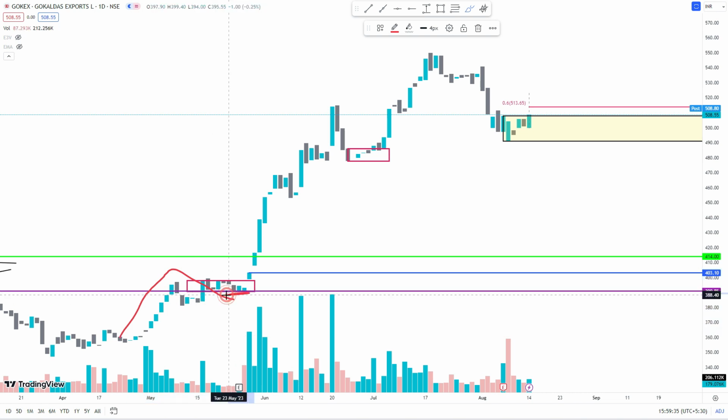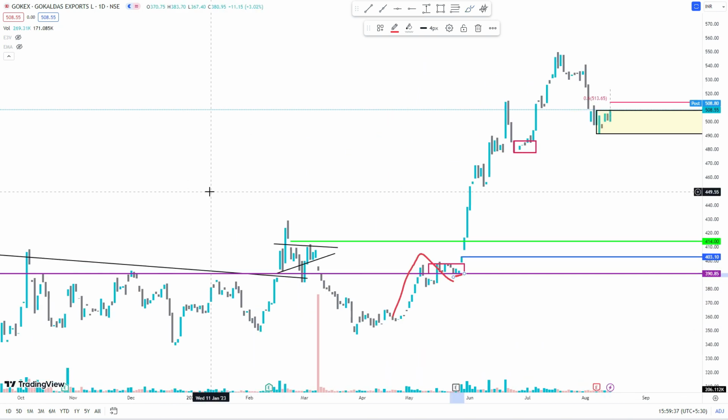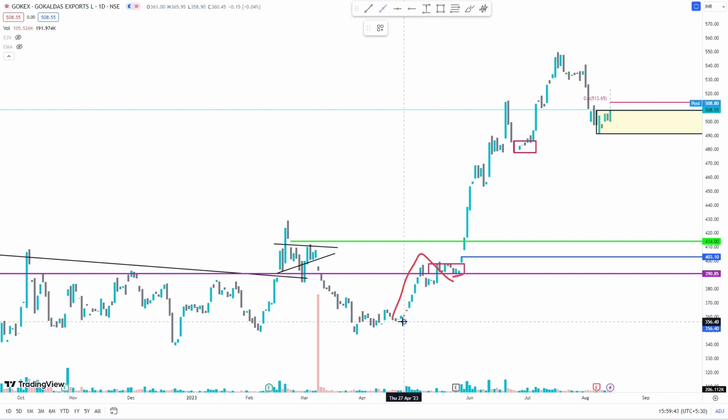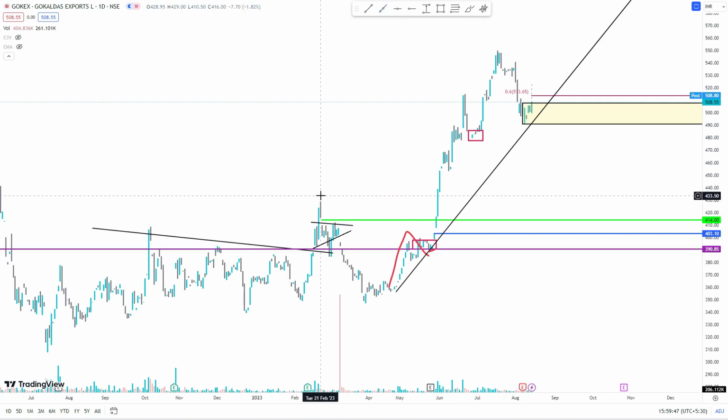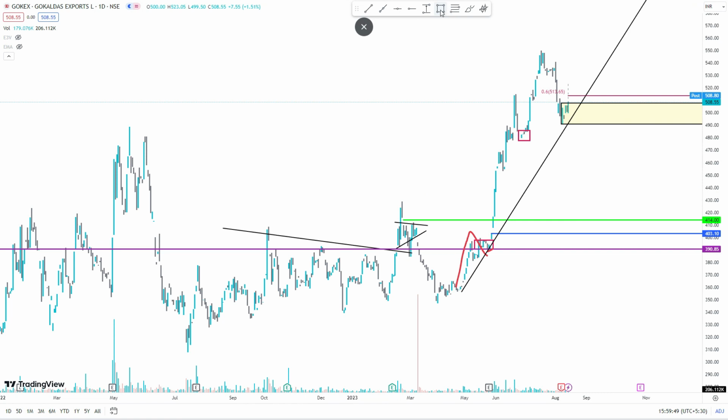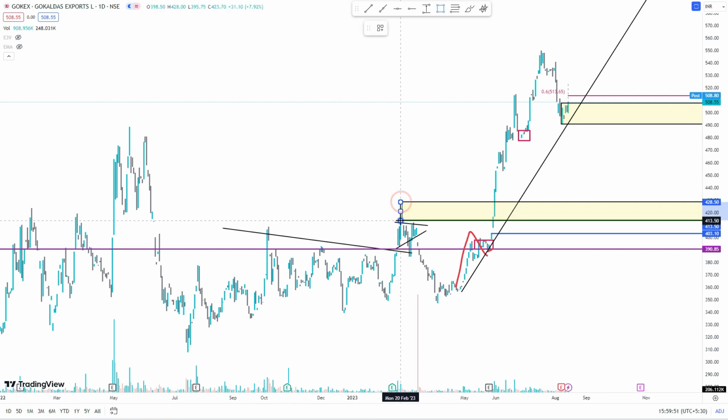So with any two points on the two swing lows, or higher highs and higher lows, or lower highs, we can draw a trend line. Again, this is the basic thing. And if the high is formed and we draw a zone around there, that becomes the top floor or the resistance zone for that stock or the performing index.